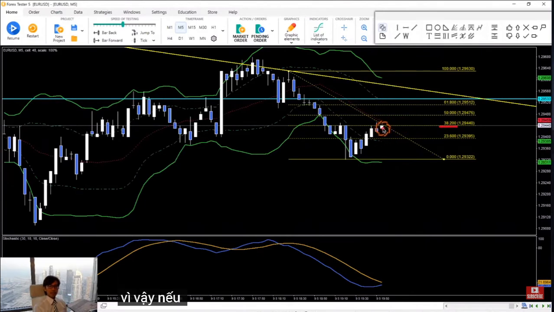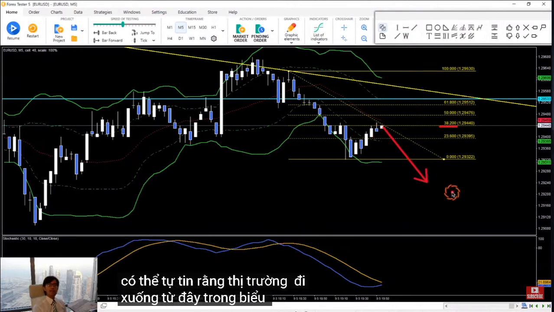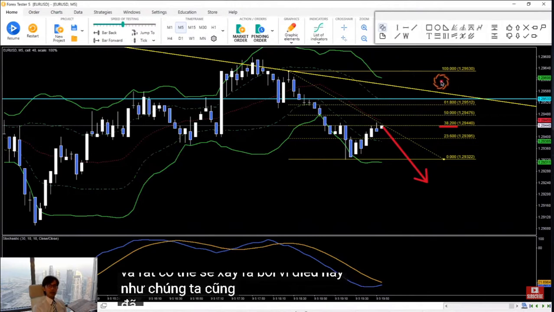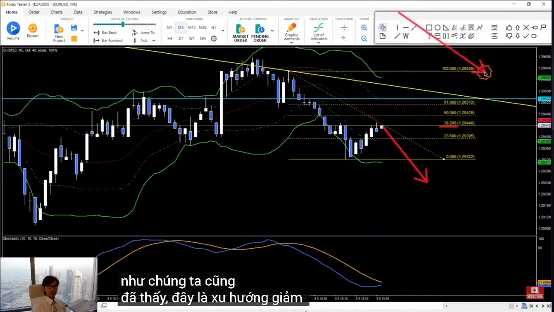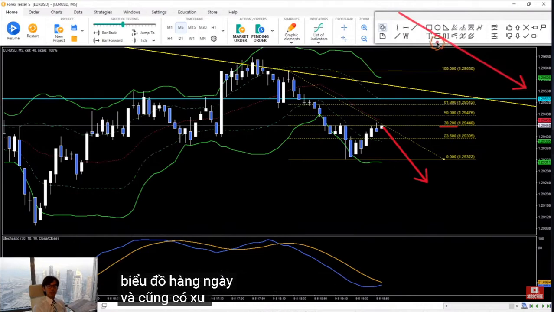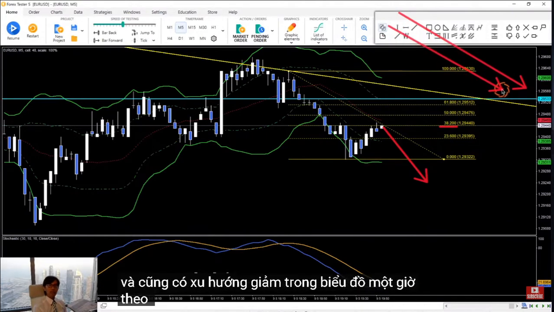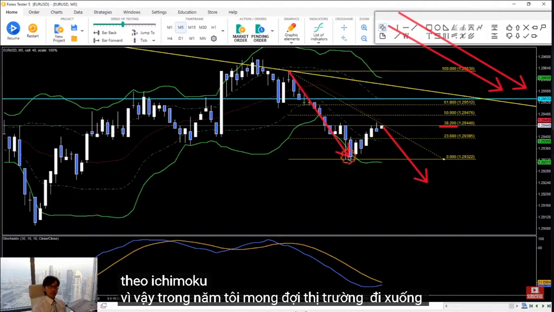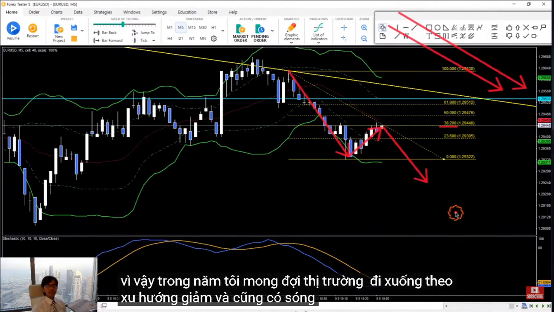So if it bounces at the 38.2% level, then you can be confident that the market goes down from here in the 5-minute chart. And most likely it will, because, as we already saw, this is downtrending per the daily chart and also downtrending in the 1-hour chart as per Ichimoku. So in the 5-minute, I expect the market goes down, a bearish N wave also.